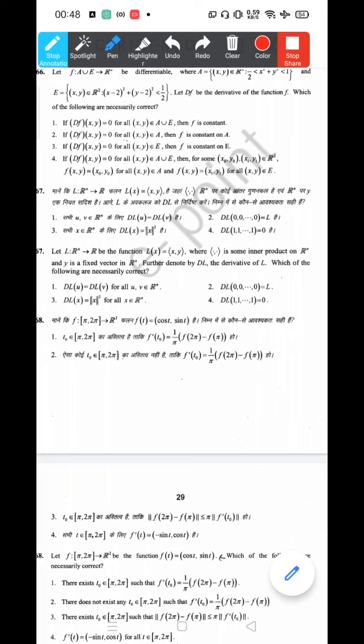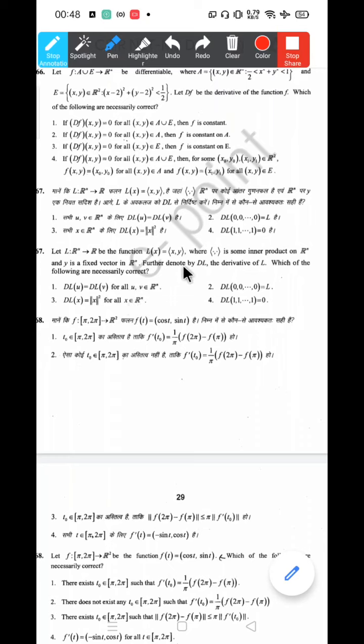जो और v कौन है भाई? Are we given u only? dL of u equal to dL of v, okay, we'll see about it.